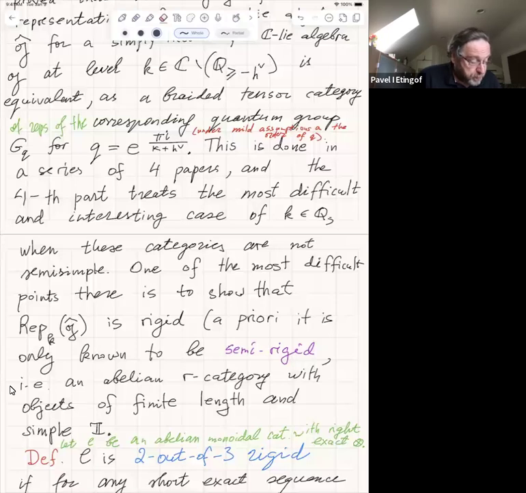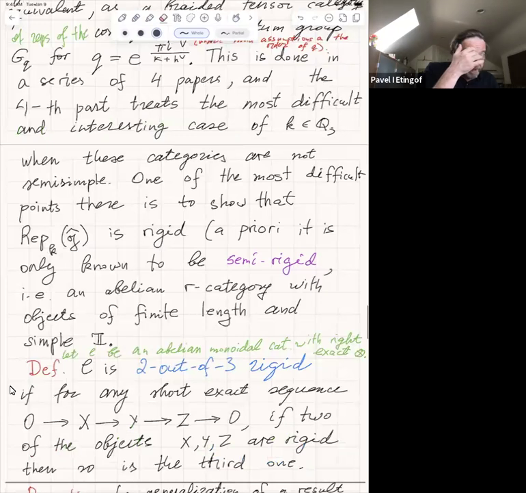So suppose C is an abelian monoidal category with right exact tensor product. And then I will say that C is 2 out of 3 rigid.